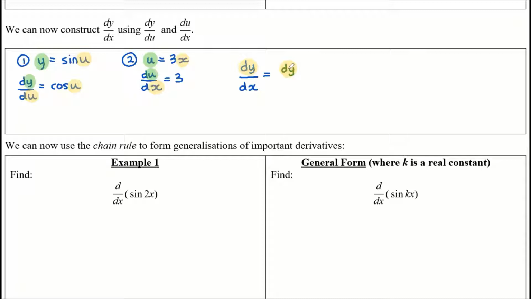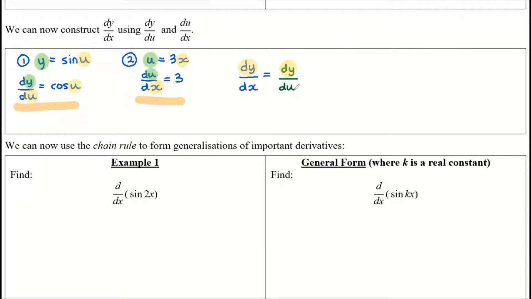Now, if I have a look at what I've got over here on the left-hand side, what do I have to choose from? I've got this derivative and this derivative. Which one has dy in the numerator? Lo and behold, it's the derivative of equation 1. So I can write my first derivative as dy by du.